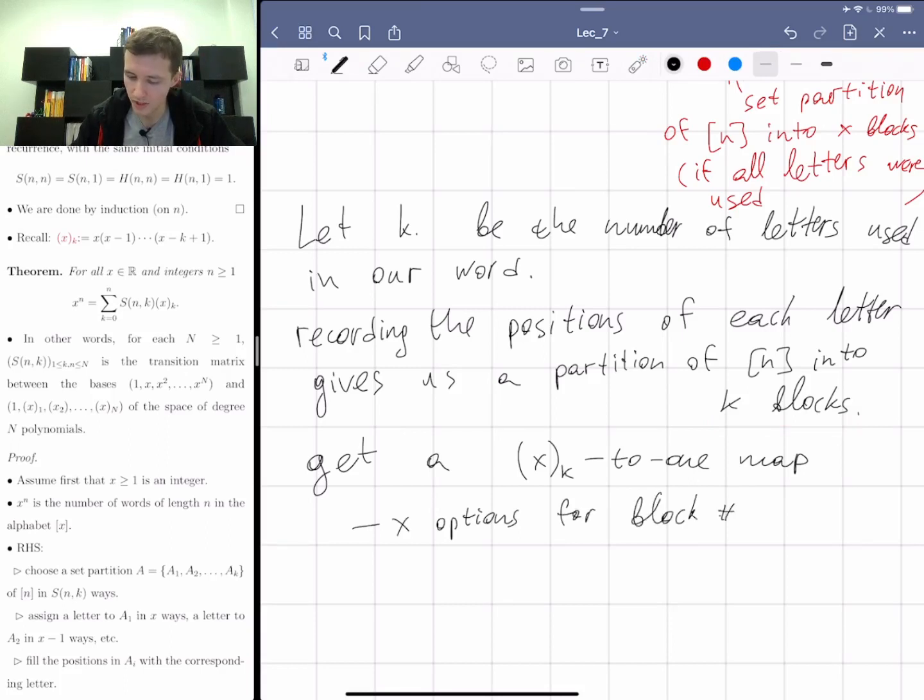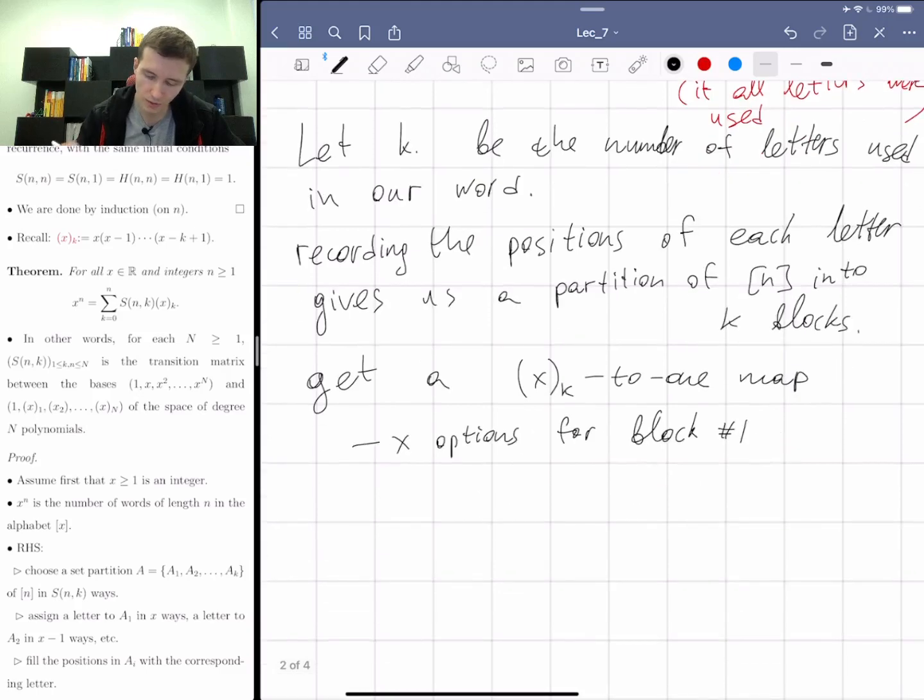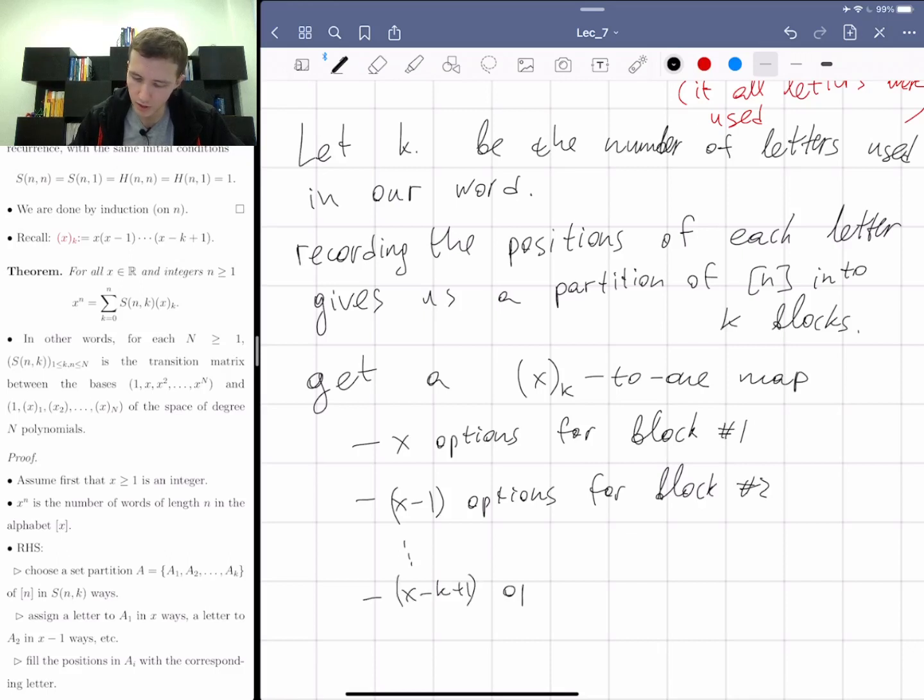So you order the blocks in some way, and then you have x options for assigning a letter to the first block, then x minus 1 options for block number 2, and so on, x minus k plus 1 options for block number k. Basically, you have to choose an injection from the set of blocks into the set of letters.